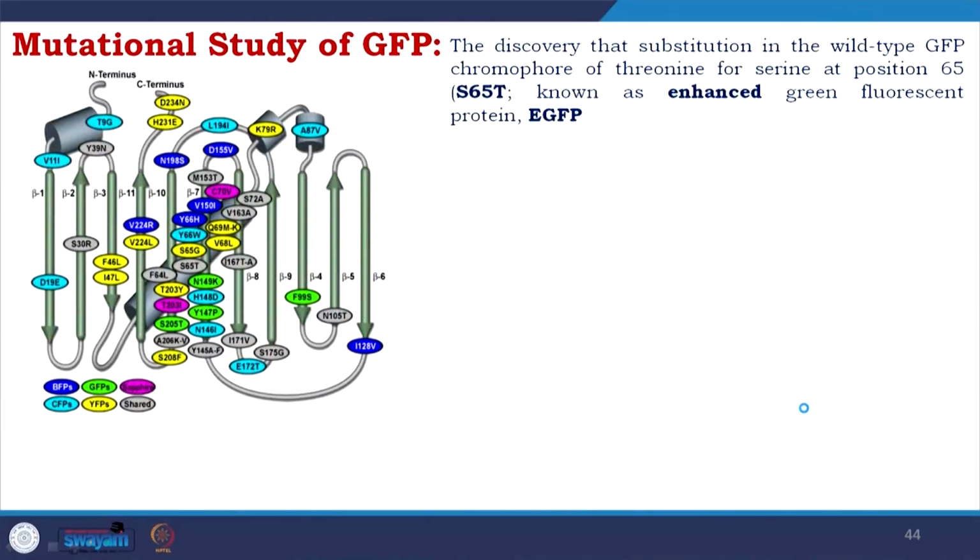So, they named it EGFP, and you see this color is indicating the mutants and what color they got. Like if you see, the enhanced one has S205T, I talked already about S65T, N149K, Y147P. In that way, all these yellow, cyan, blue, all those colors are developed.